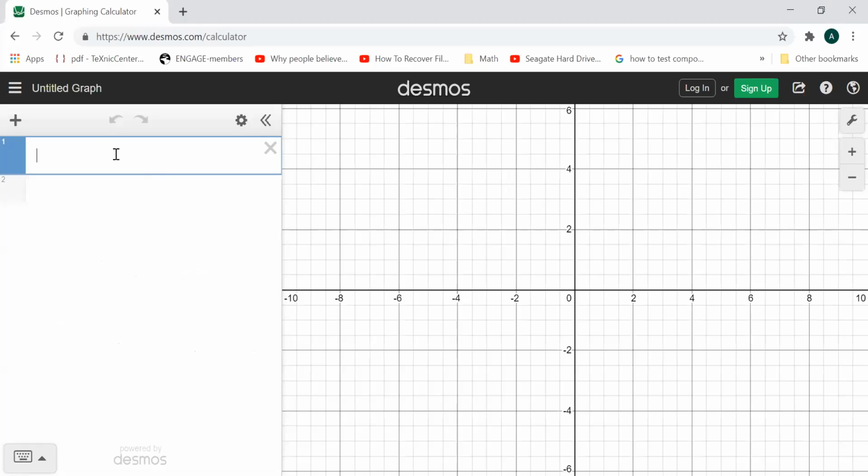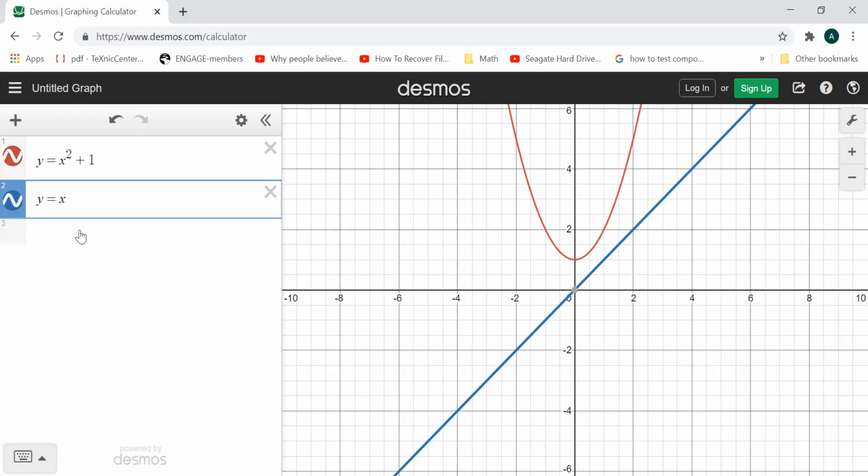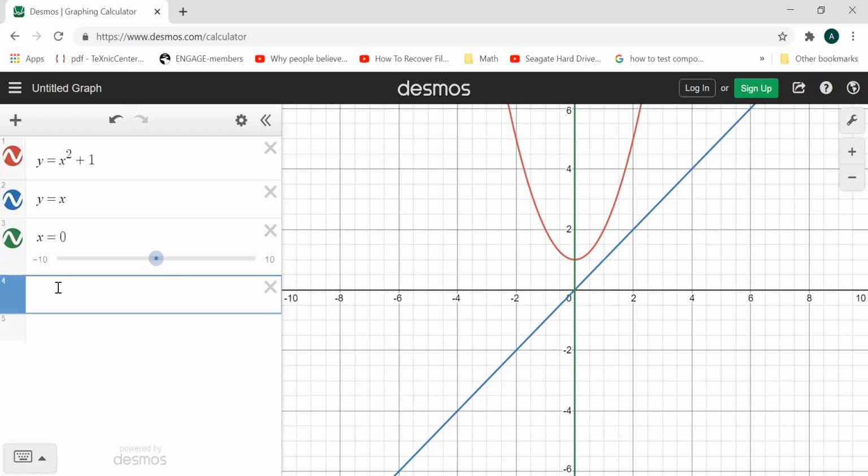So remember that the curve was y equals x squared plus 1. The second one was y equals x, so we said the bottom. The left side is x equals 0, and the right side is x equals 1.